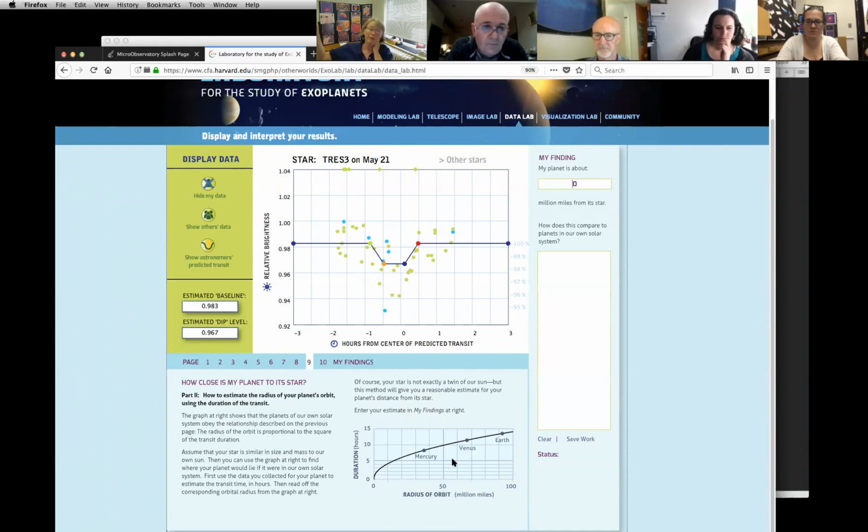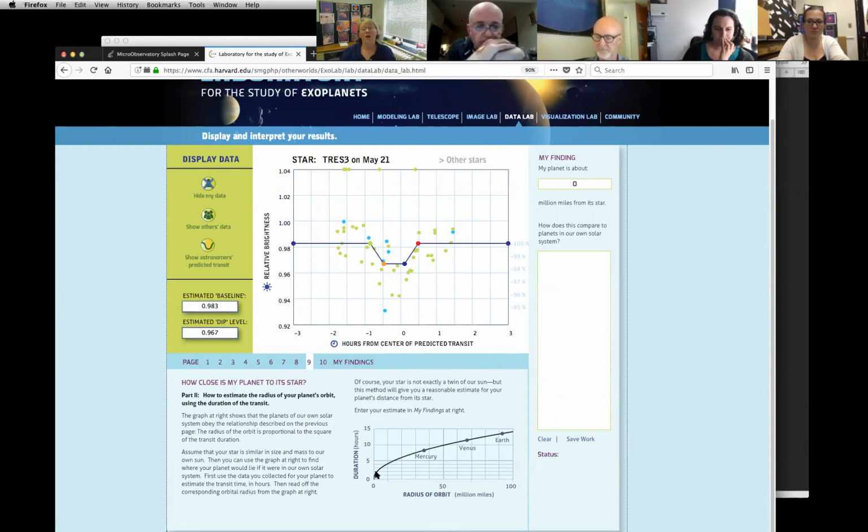If somebody were looking from TRES 3 back at, and we happen to be edge on to them, the solar system, they would, if they had a Kepler telescope, they might see an Earth dip that would take about 12 or 13 hours. If they saw a Mercury transit, it would take about 7 hours. Our transit, we said, was about an hour and a half. So it's kind of right in here.